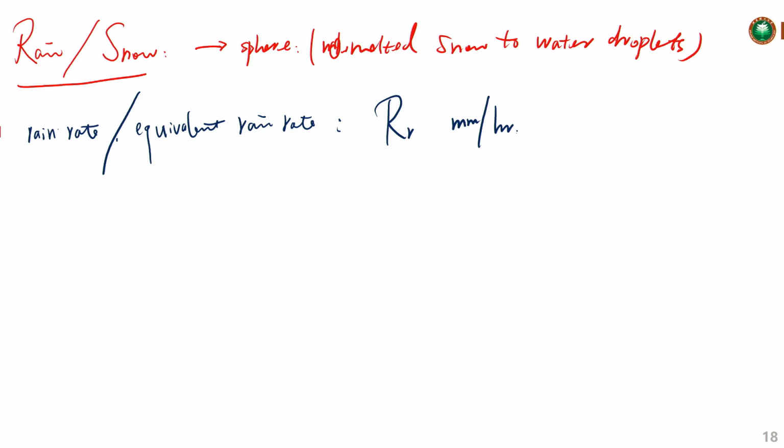Right. The height of the water per millimeter for that one. So it is a more time-dependent parameter. So why do we want to introduce this one? Because the drop size distribution for water and for rain and for snow is related to the rate.